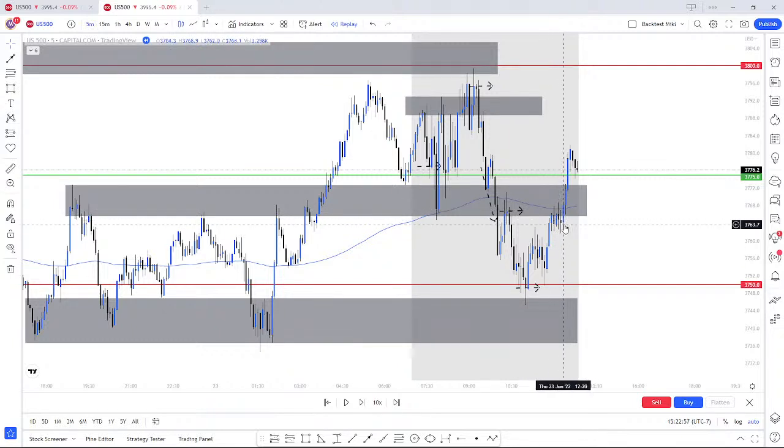Technically, this was a demand base forming, because it's going off, right? So rally base rally, so it was a demand base forming. And as it was approaching that zone, it would be a resistance zone or a supply zone.